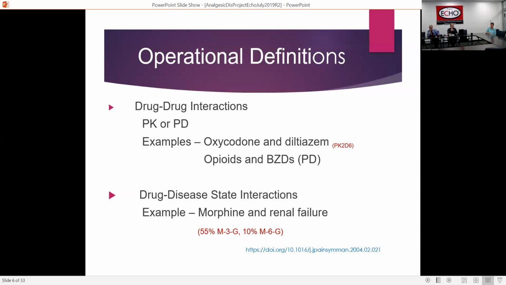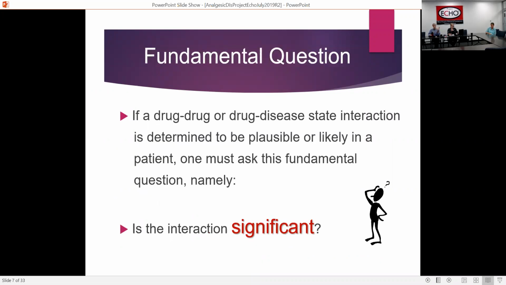And that's why, with patients who have chronic renal insufficiency, one has to worry not just about acute care, but certainly chronic opioids where the person's renal function is deteriorating. That's a signal and a red flag with respect to perhaps the need for a medication change or even a switch. So if a drug or drug-disease state interaction is possible or likely, you always have to ask the question, and this is something I think Mark could relate to, and myself: is it significant?